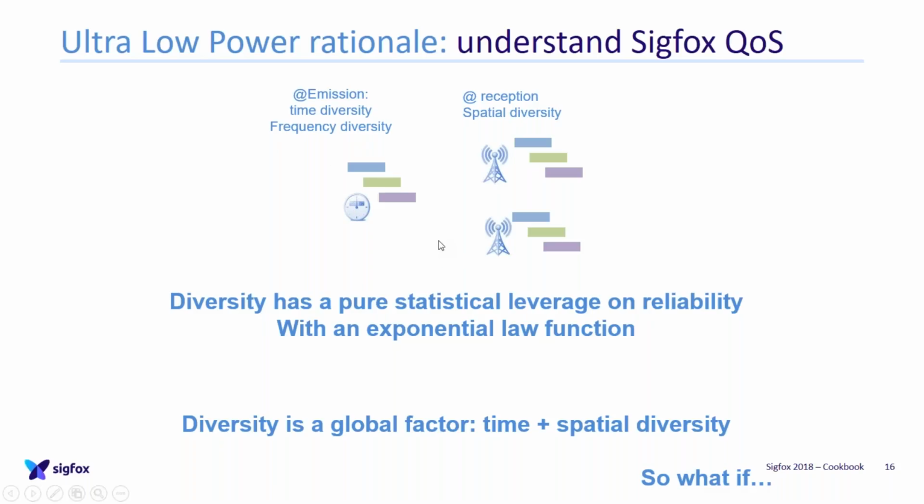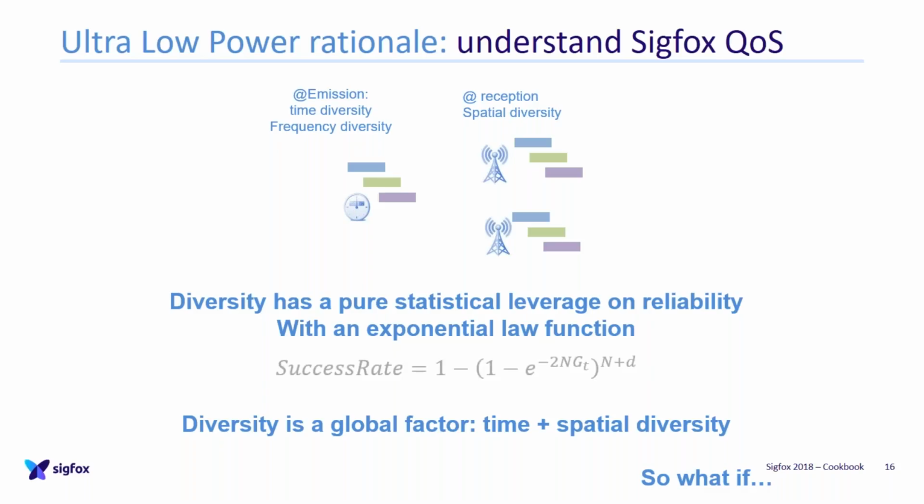This is visible here on the picture. One device, for one data payload, will generate, in this case here with 2 base stations, 6 potential receive occurrences in the network. So one transaction, 6 virtual transaction occurrences, which means that we have a pure statistical leverage with the diversity that increases reliability with an exponential law function.